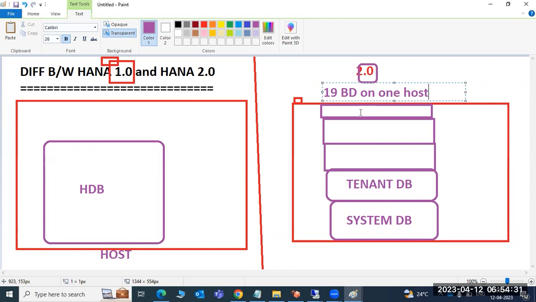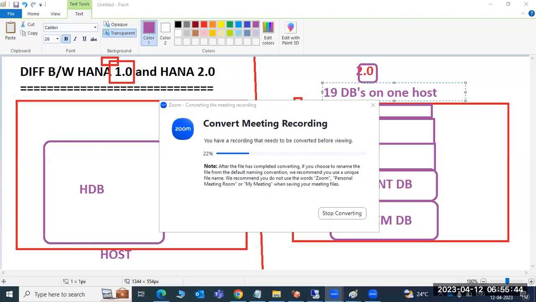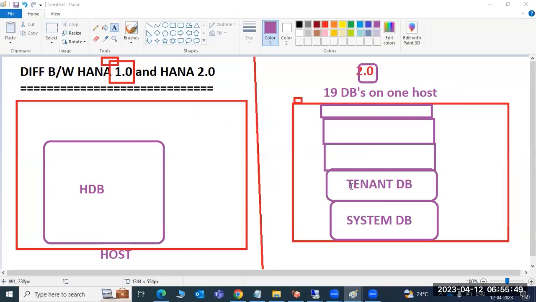This is the difference. So 19 DBs we can build, except the system DB. Except the default ones, the system DB and tenant DB, we can build 19 more databases.